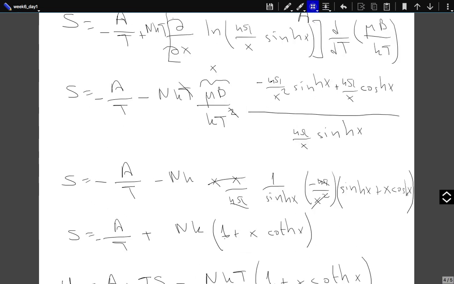Here, when I take the 4 pi over x squared out, what remains here is a minus sign.